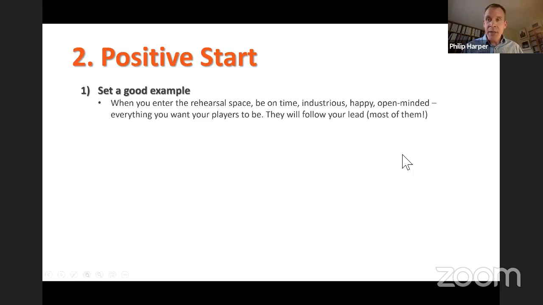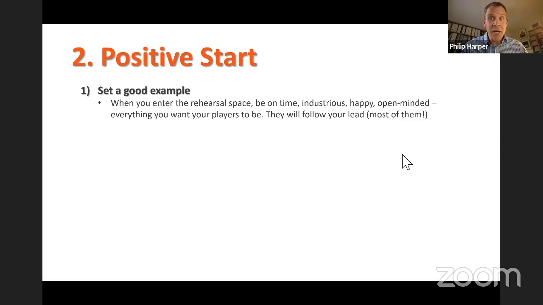This might seem obvious, but when you enter wherever you are rehearsing, whether it's a classroom or a band room or a community centre, make sure as the conductor that you are on time. Make sure that you are industrious, in other words busy, with energy and enthusiasm. Make sure that you're happy and in a good mood. Sometimes you might need to do a bit of acting for this to happen, but if you want a great rehearsal, you've got to take care of these things.